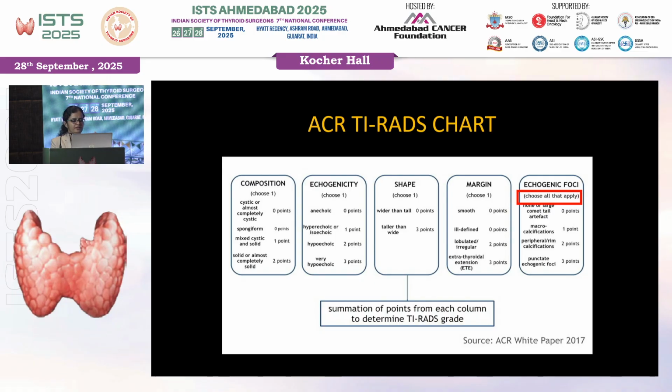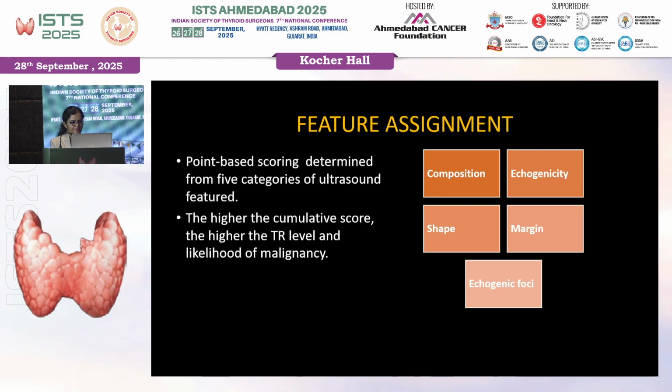In the initial days we can just keep a printout, and over time it would become a part of our system. So these are the 5 points again: composition, echogenicity, shape, margin and foci. Let us go through the pictorial essay for each category and understand what each subtype means.